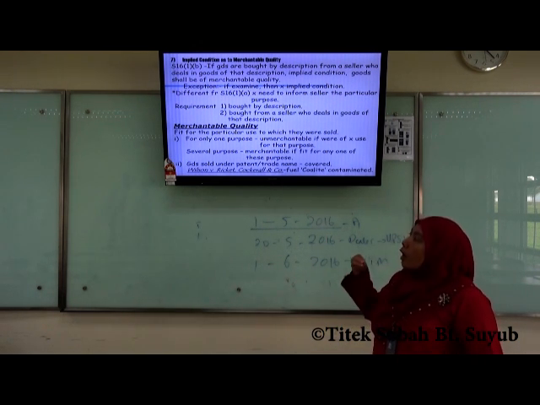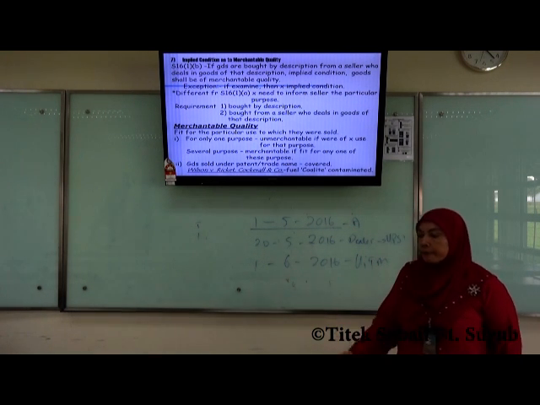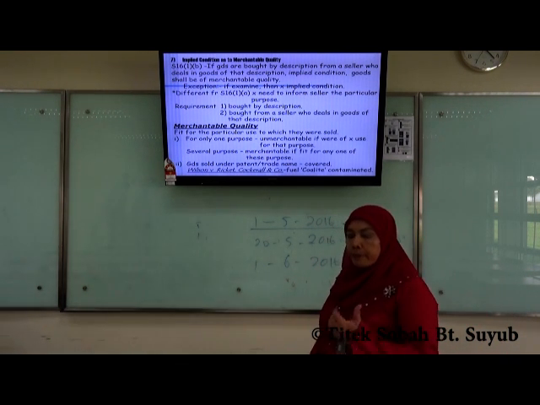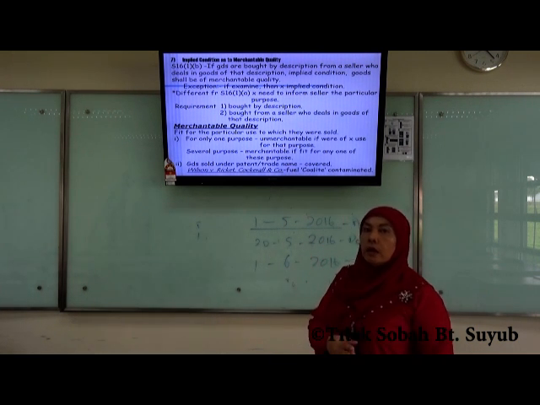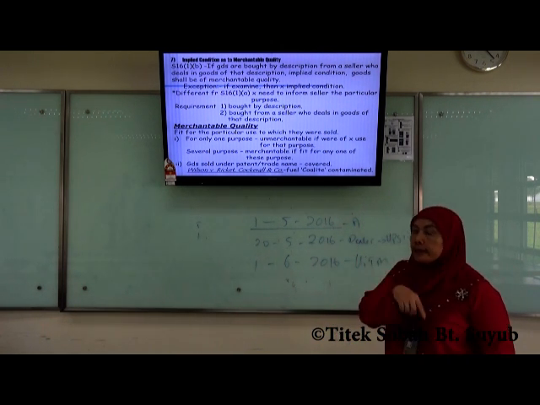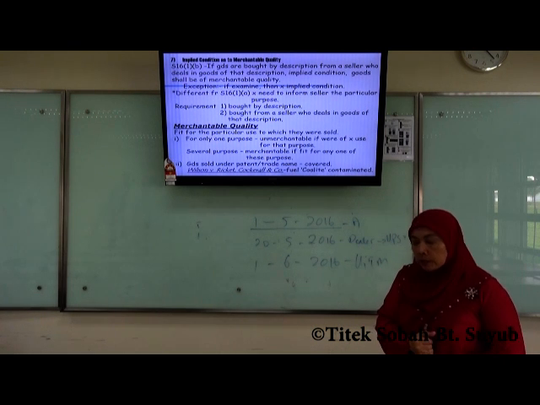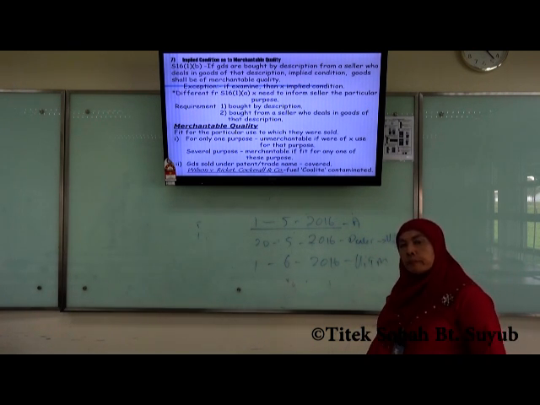Okay? However, if the said item has many purposes, let's say you bought an umbrella. The umbrella can be used to protect you from the rain, and also to protect you from the sunlight. However, your umbrella can only protect you from the rain. It cannot protect you from the sunlight because your umbrella is a transparent umbrella.